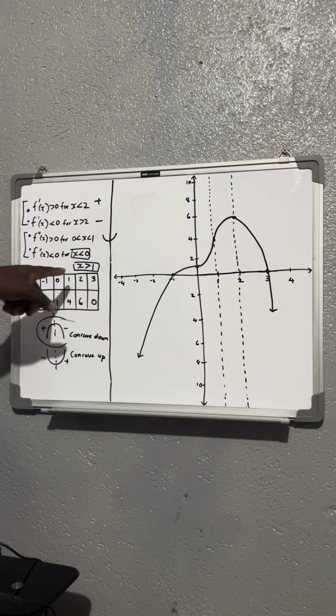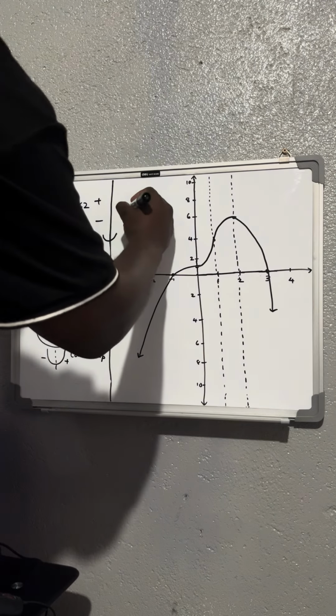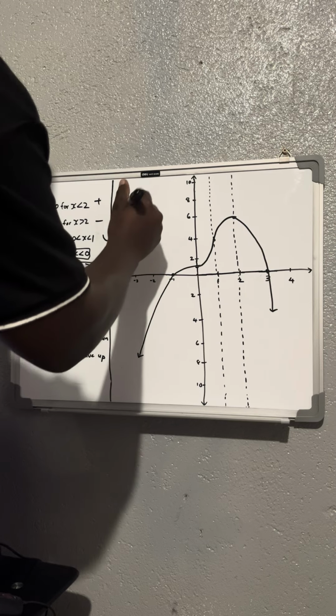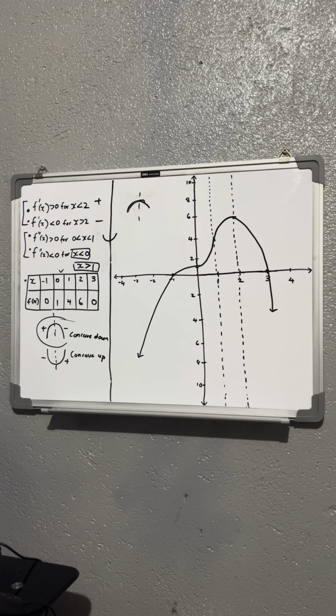Now they're saying where x is greater than 1, it is still going to be concave down like this. So we only took this portion, so it's going to be something which looks like that.